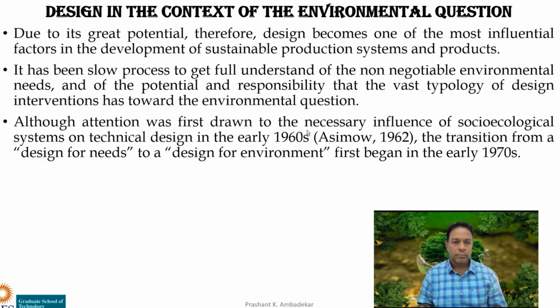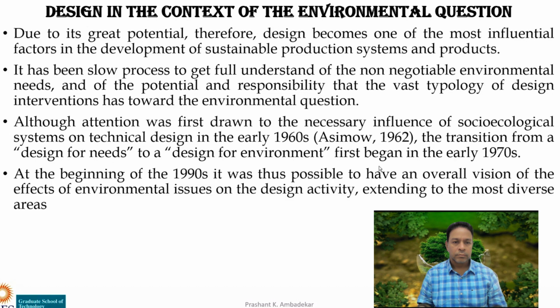This person had already told that this should happen. What should happen? Instead of designing for need, you should design for environment. Obviously, need has to be considered, cost has to be considered, but environment should also be thought of. It was first coined in the 60s, and then the work started in 1970. Not the actual work, maybe slow, some attention was drawn after a gap of a decade, 10 years.